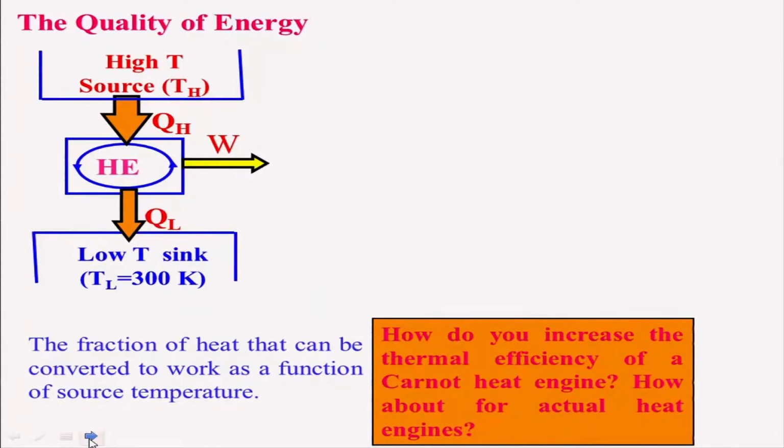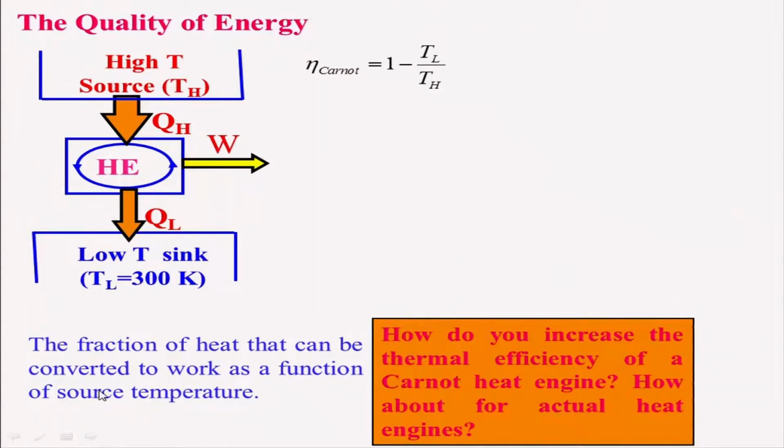You will consider a reversible heat engine, basically the Carnot engine, and how about the actual heat engine? What is the means of doing that? Let me take an example. We know that Carnot efficiency is equal to 1 minus TL by TH.